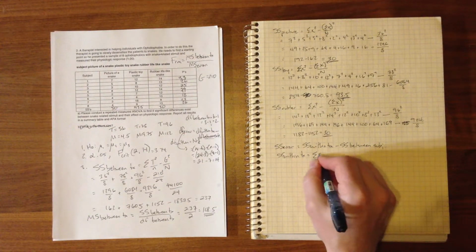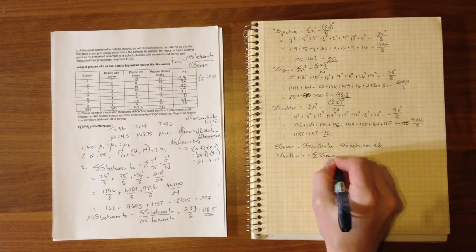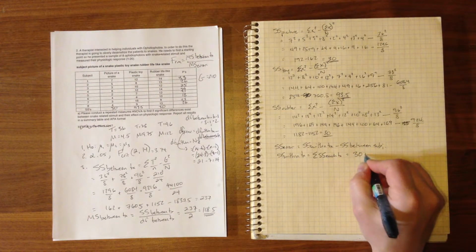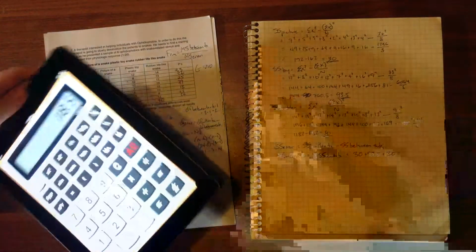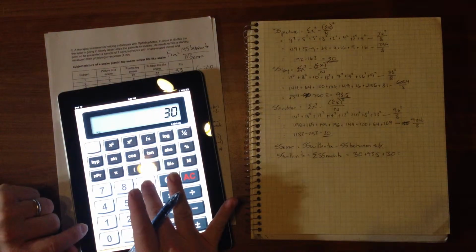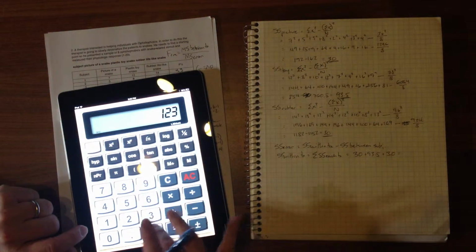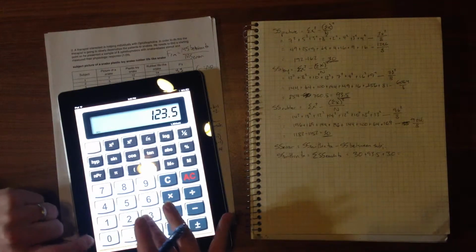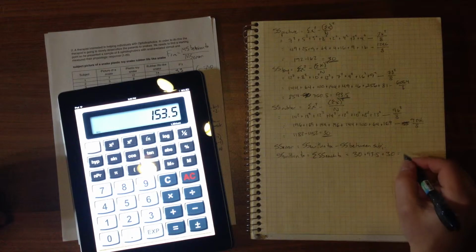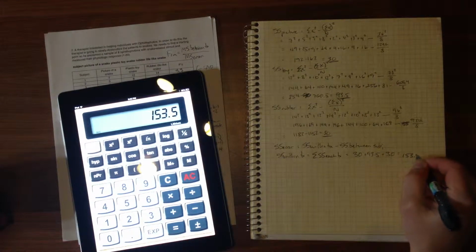That's just the sum of all the individual sums of squares for each treatment, right? So that's 30 plus 93.5 plus 30. That's easy. I get 153.5. Great.